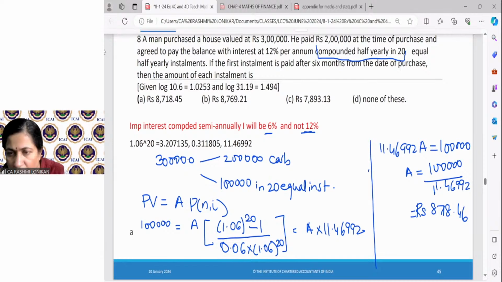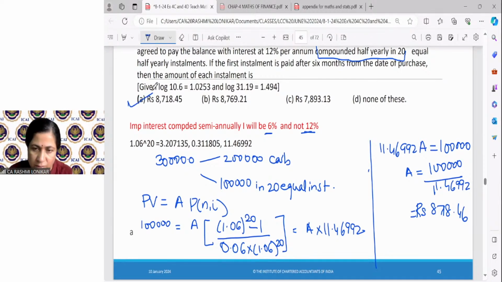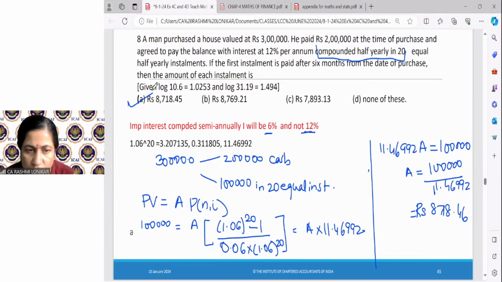So A will be the correct answer. Yes, Anuj, correct. So here, the most important thing you have to see is that the rate of interest is not 12%. I have to take it as 6%. Why? Because it is compounded every half year.